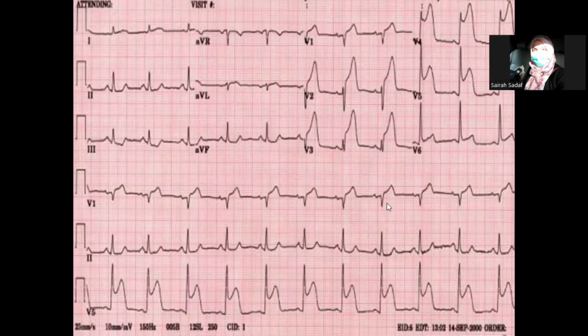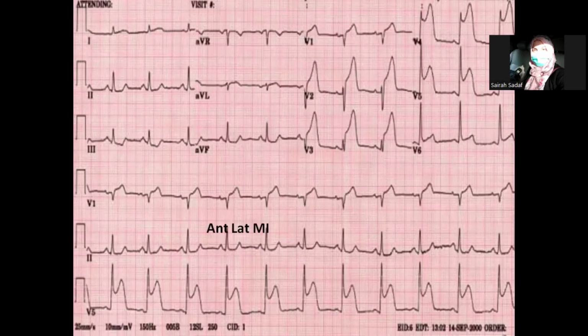Okay, let's see what this is. This is anterolateral. When there is involvement from V1 to V4, we will not say anteroseptal. We will just say anterior wall. We don't need to mention septum separately.